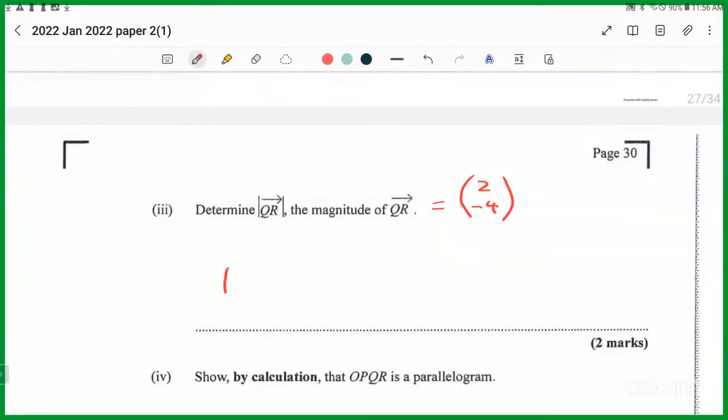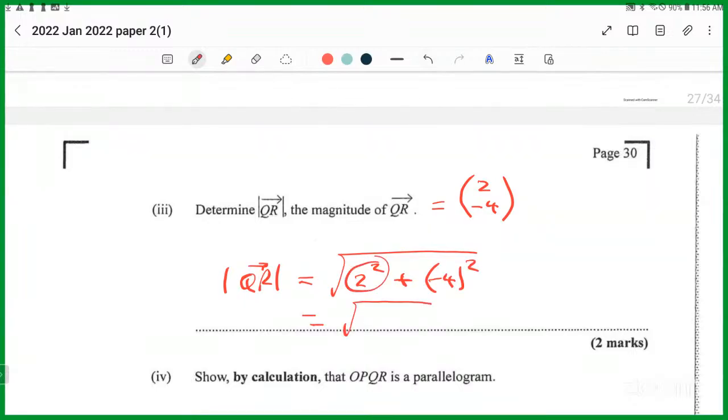So the modulus of QR is equal to the square root of this value squared, which is 2 squared, and this value squared, which is 4. If you put negative 4 squared, it's the same as 4 squared, you don't need a negative. The square root of 4 plus 16 becomes the square root of 20 units. Modulus is the length.